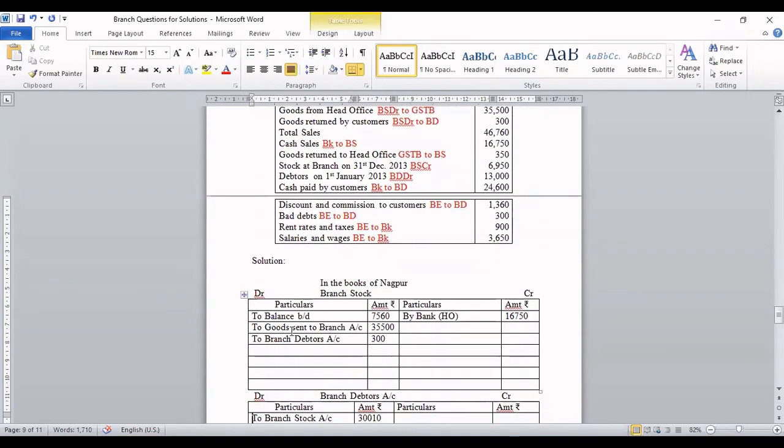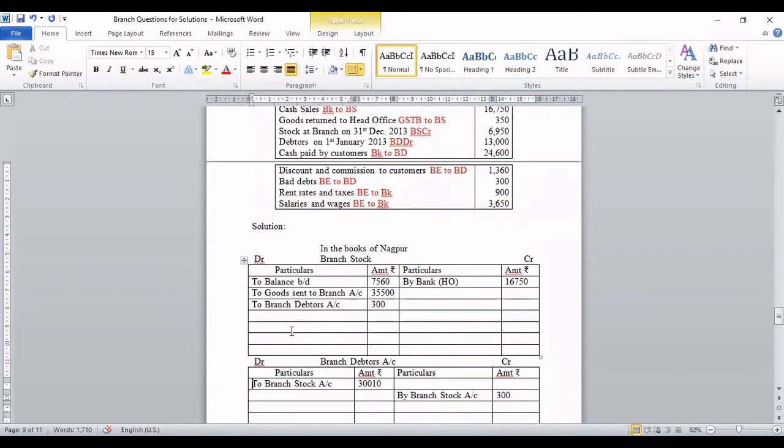So here, branch debtors debit side and immediately by branch debtors account on the credit side of branch stock. Come on, 30,010 rupees. Done, beta, everyone. Any doubt, any confusion till here? No, sir. Okay, the next one, fast.